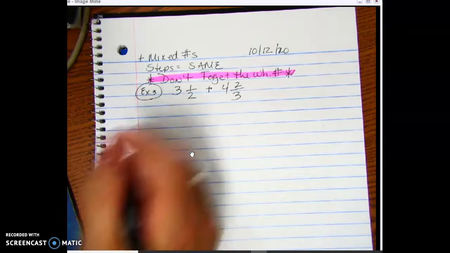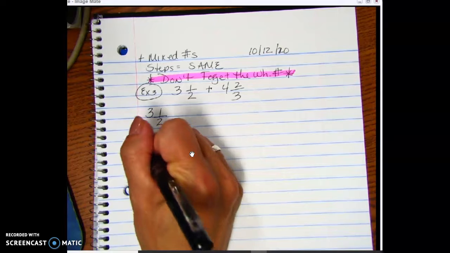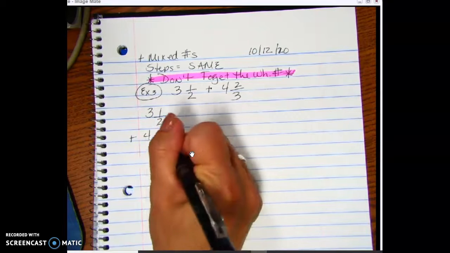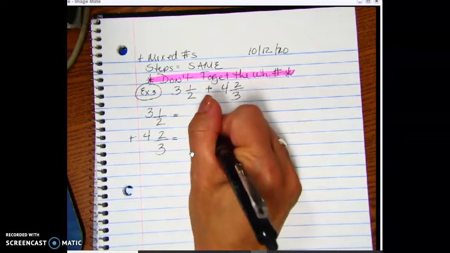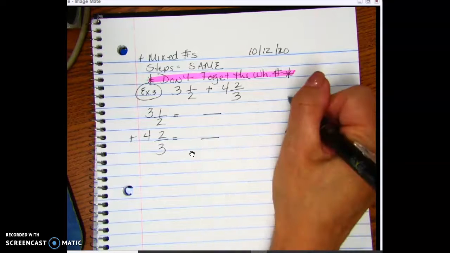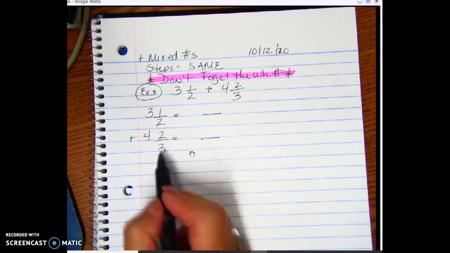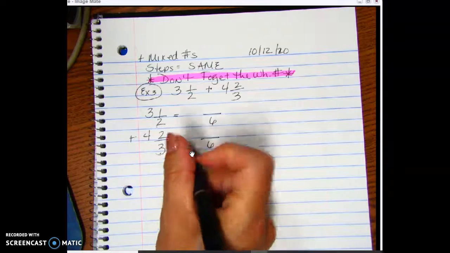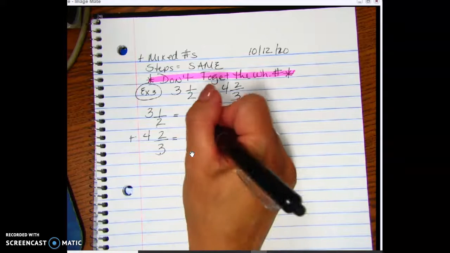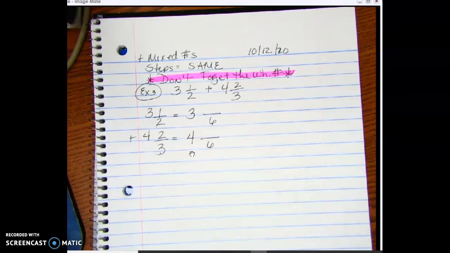Okay, step 1, write your problem vertically. Step 2, find your common denominator. So we just did this. We know the least common denominator or least common multiple between 2 and 3 is 6. Ooh, here's don't forget your whole number, so I just bring it right over. I don't change it. That has nothing to do with this. The whole number stays the same.